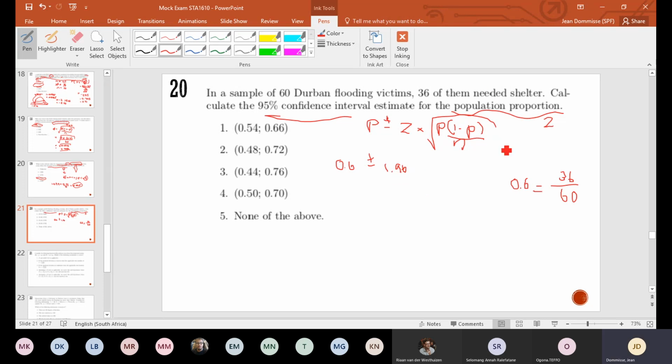And then underneath that, now we have 0.6 times 0.4. It feels like we have calculated this in the previous one, but let's just do it again. Divided by 60, and we take the square root.